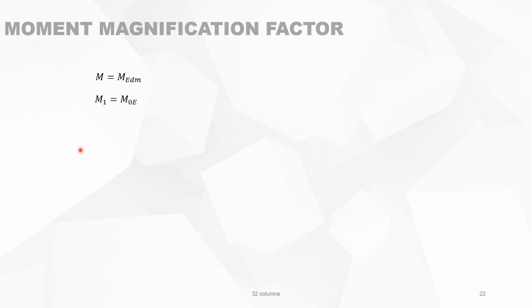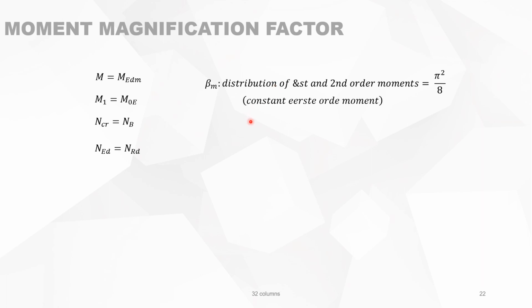Now, just to tie in the slides with Eurocode 2, we then see that M is equal to MEd, M1 is M0Ed, N critical is NB, or N bal, and NEd is NEd. And beta M is a distribution of first and second order bending moments and can be put equal to pi squared over 8.